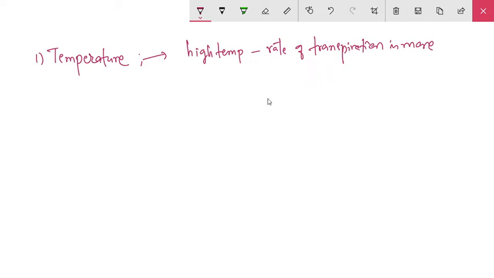But in cotton and onion, when the temperature exceeds 30 degrees centigrade, it causes stomatal closing.